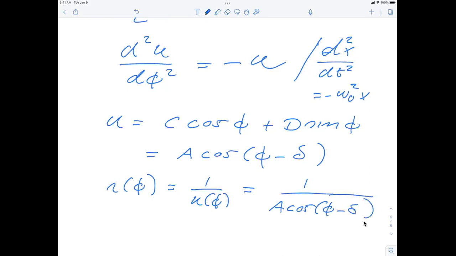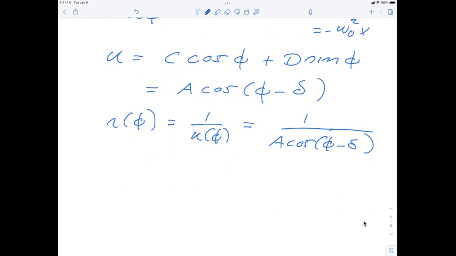Now let's add the constant term. What is common to do then is to define a function of phi, which is simply given by the solution u of phi, which we found, minus mu alpha divided by L squared.